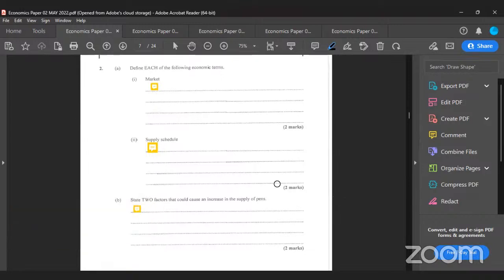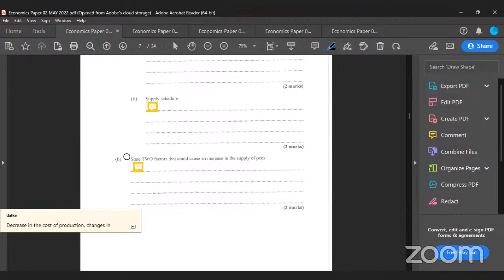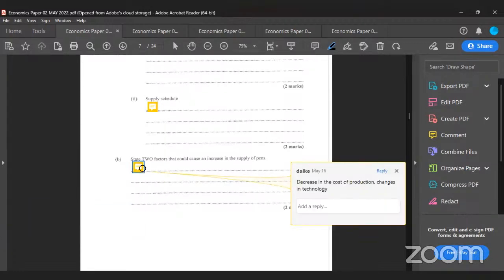So, furthermore, it says, state 2 factors that could cause an increase in the supply of pens. Now, there are a number of factors that can cause supply to increase, right? If you're a business owner and your cost of production decreases, which means that it's cheaper for you to produce the same amount as you were before.